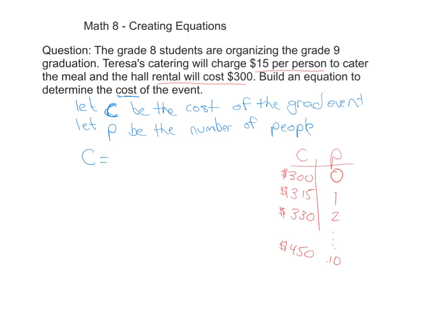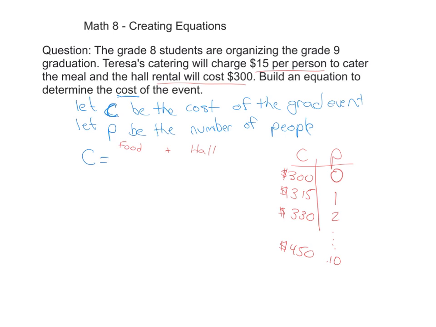If you play around with this a little bit, I'm hoping you get a feel for what we're doing. In this case, what did I do first? I always calculated how much the food cost, and then I added it to how much the hall cost. Let's think about that for a second. How did I calculate the food?